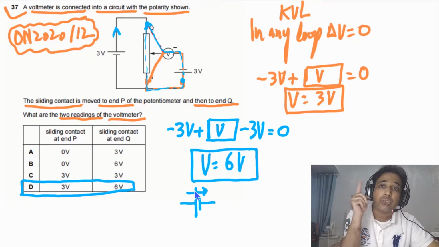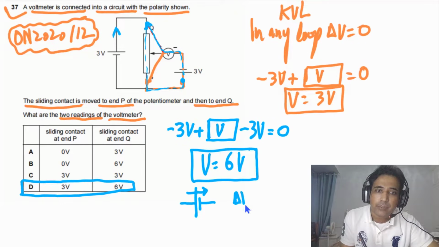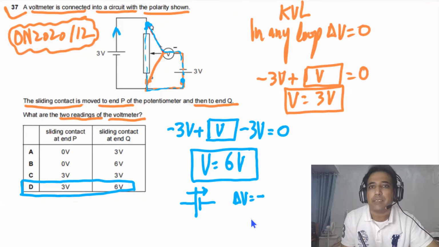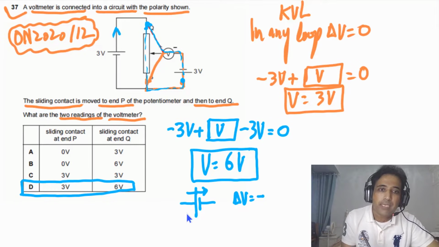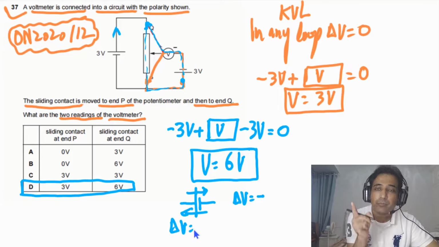So the change in potential, delta V, has to be negative. And if we go this way, delta V will be positive because the potential increases. Change in potential means PD, that is positive.